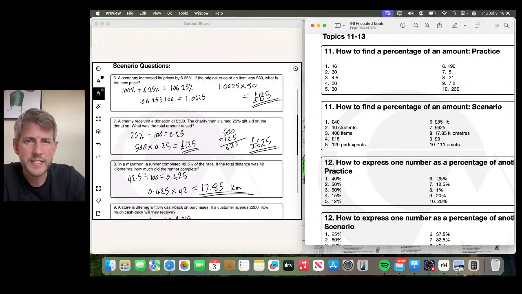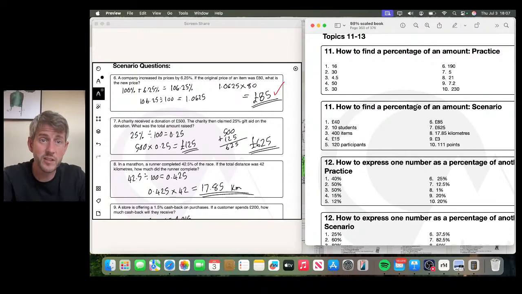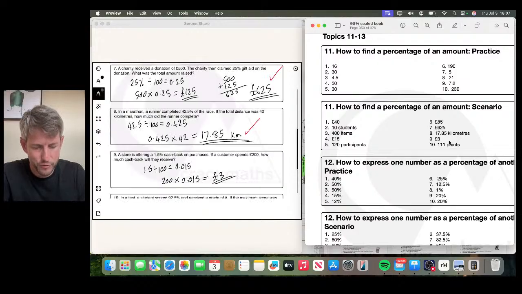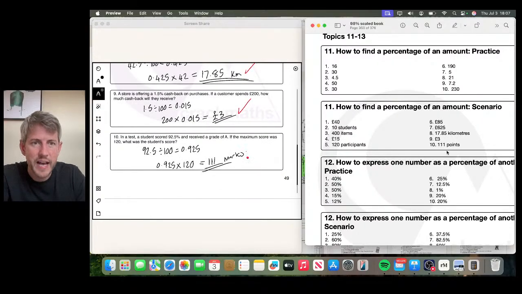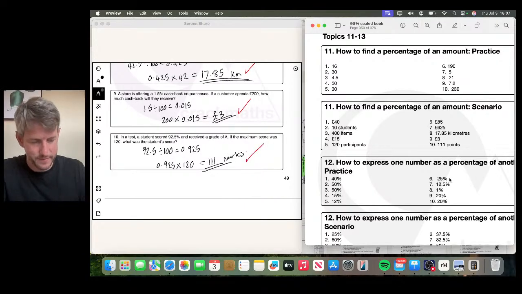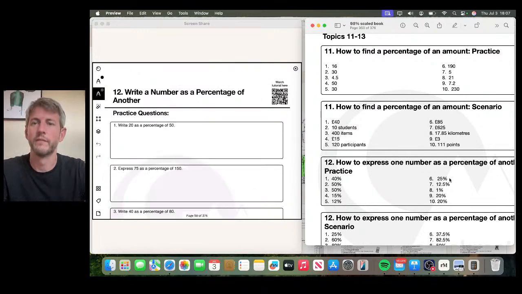So £85, we agree, excellent. £625 agrees as well. 117.85 km agrees. The £3 agrees. And the 111 marks agrees. They've said points, but that doesn't really matter. Right, so let's continue with this.